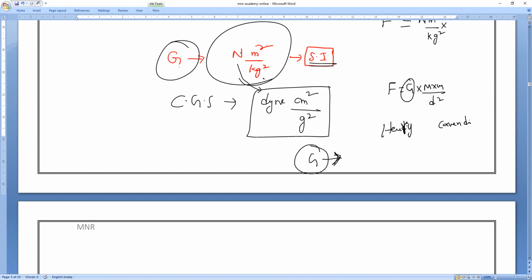So after 100 years of Newton's universal law of gravitation, Henry Cavendish found the accepted value of G, which is universally constant: 6.67 into 10 to the power of minus 11 Newton meter square per kilogram square.